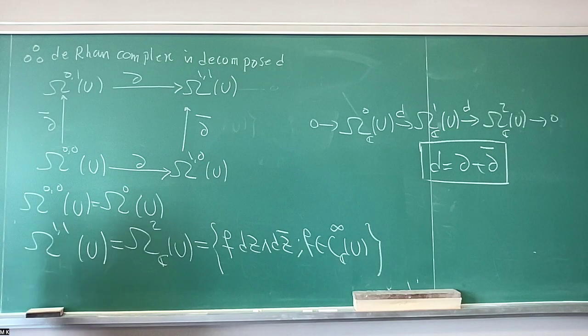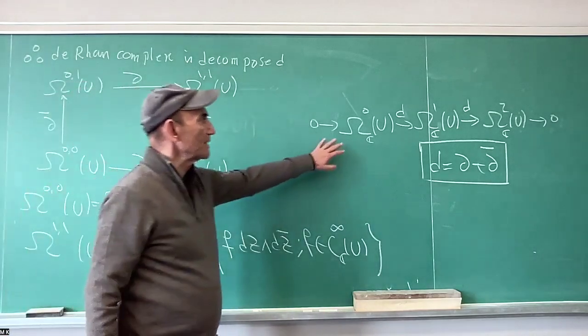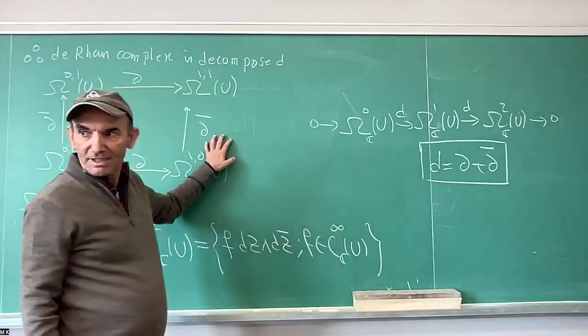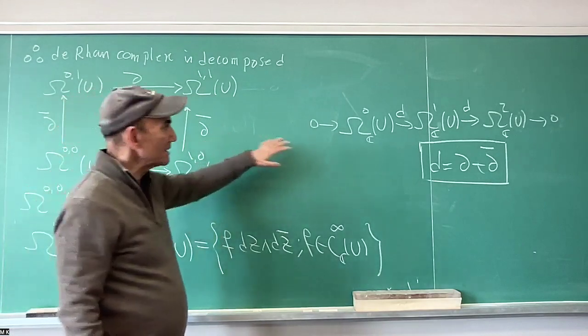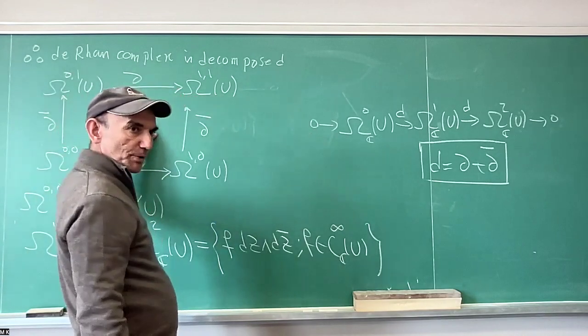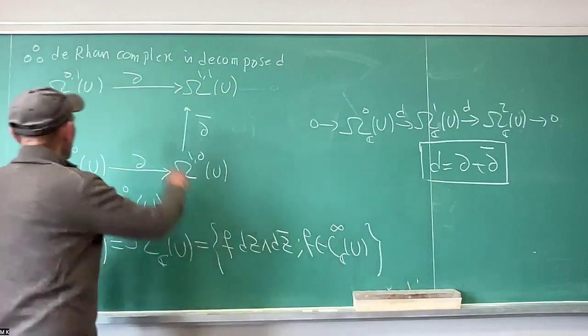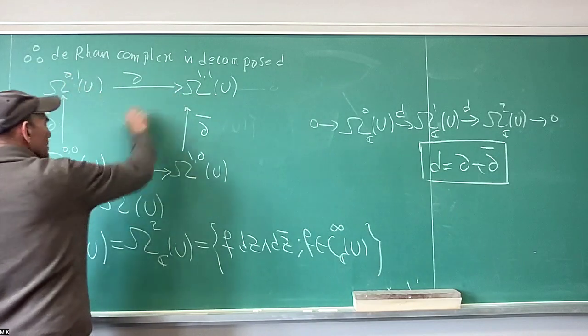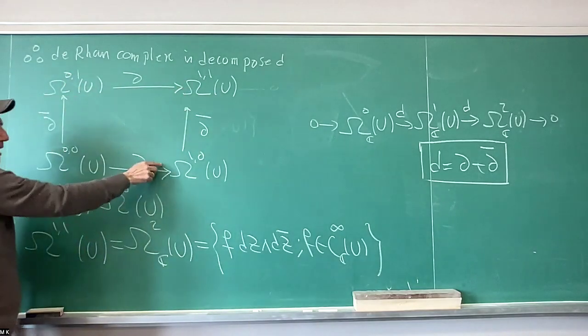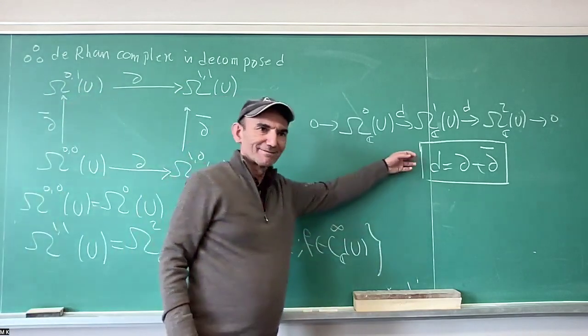You can do that. But the question is, what is the relation between this and that in view of the decomposition that I have? This is just the total complex of this double complex. The total means if you take the diagonals and direct sum the diagonals, and there's only one interesting diagonal, you get this complex.